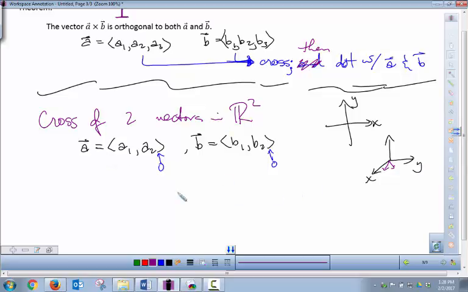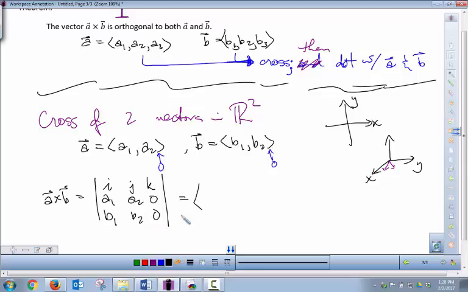All right, so let's do the cross product of these 2 vectors, modified into 3D. We have A cross B equal to the determinant with rows i, j, k, A1, A2, 0, and B1, B2, 0. So now we do the cross product. You guys are experts, right? I have A2 times 0, B2 times 0, so that's 0 in the i direction.